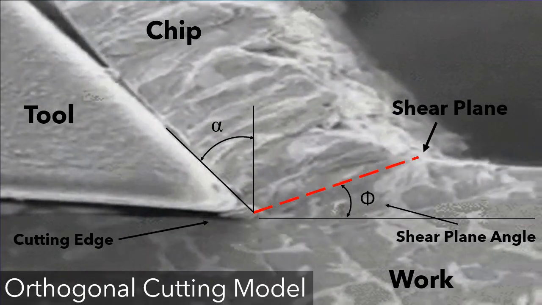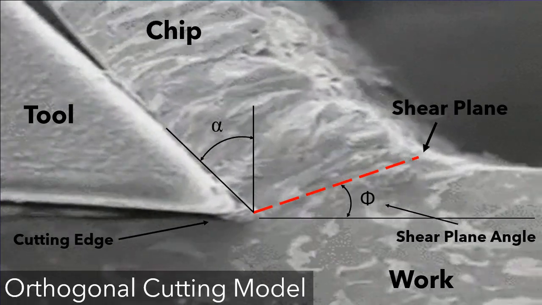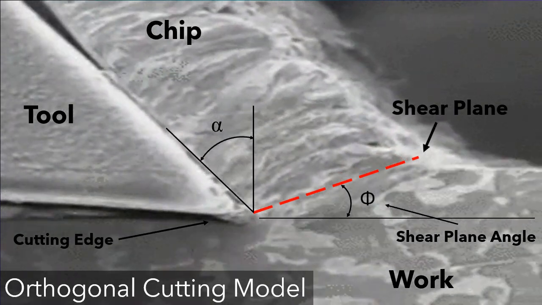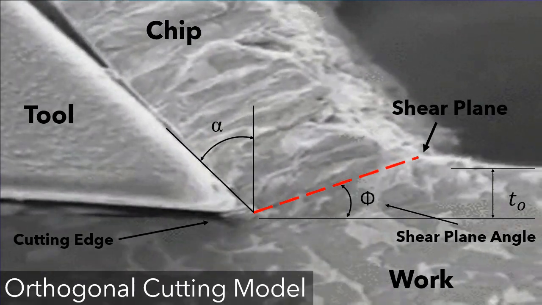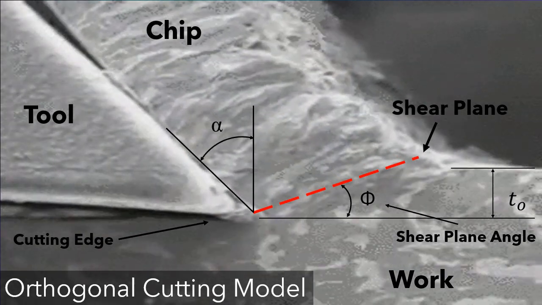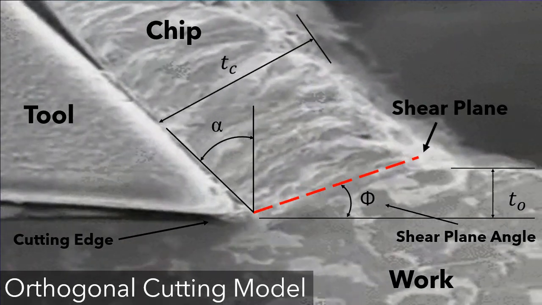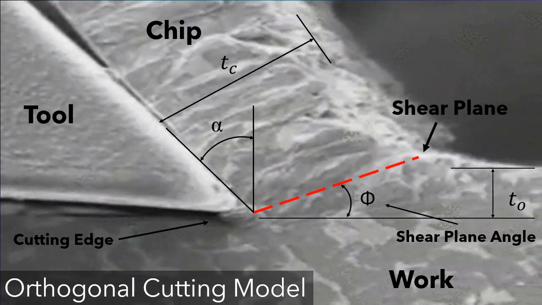During cutting, the cutting edge of the tool is positioned a certain distance below the original work surface. This corresponds to the thickness of the chip prior to chip formation, t_o. As the chip is formed along the shear plane, the thickness will increase to a new value, t_c.